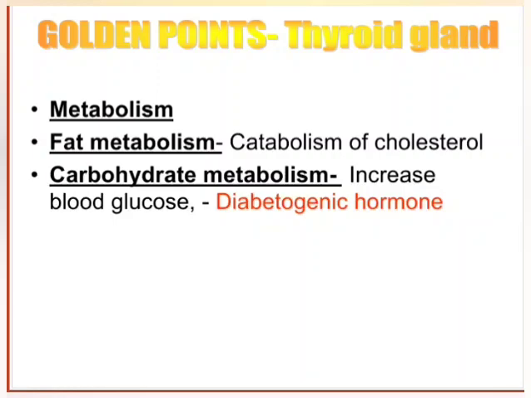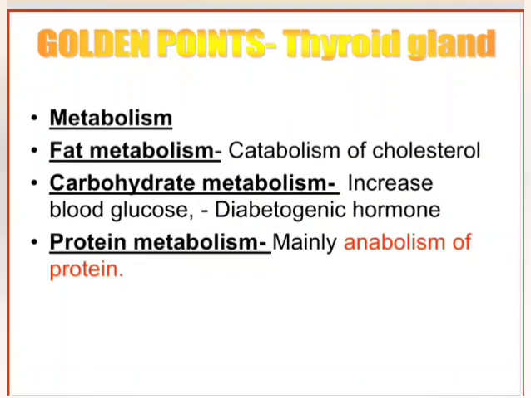So this hormone increases the glucose level in the blood. So this hormone is called a diabetogenic hormone. Diabetes means more glucose in the blood. It breaks down the complex carbohydrate into simple carbohydrate in the blood, and it increases the glucose level in the blood. It takes the glucose from various sources and deposits it to the blood. So it is termed a diabetogenic hormone.